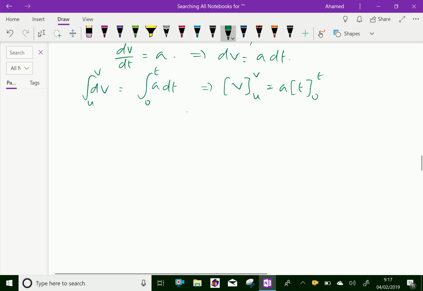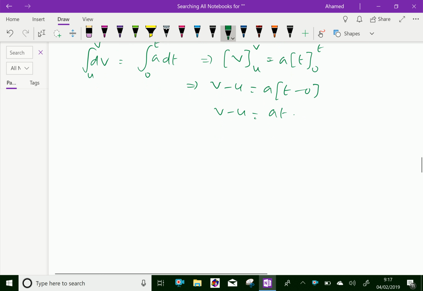Substituting the limits of v and u, we get v minus u equal at minus 0, which is v minus u equal at. From that we can get v equal u plus at. This is the first equation of the motion.